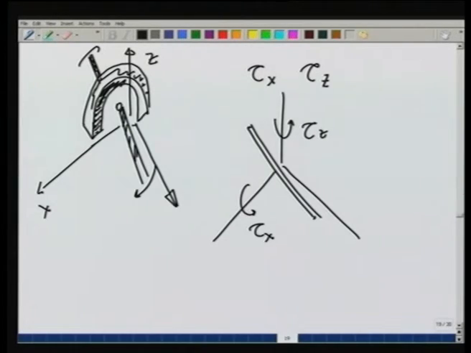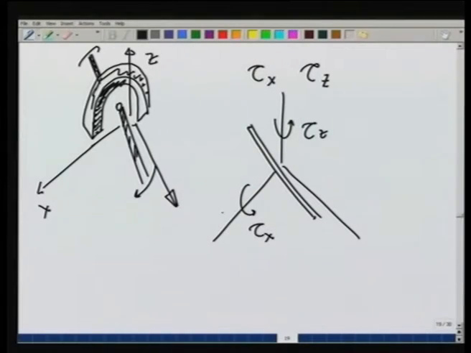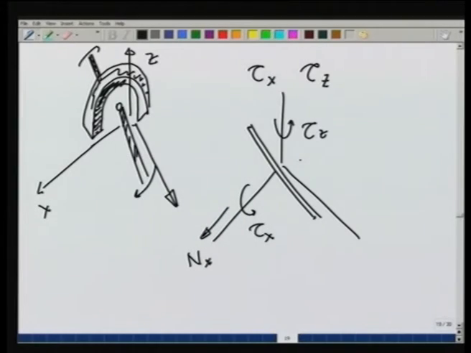On the other hand, I cannot push it along the x direction, and therefore, it gives me a normal reaction along the x axis. Suppose I could push it along the y direction, then there is no force in this direction, but I cannot push it along the z direction. So, it gives me a force in the z direction.